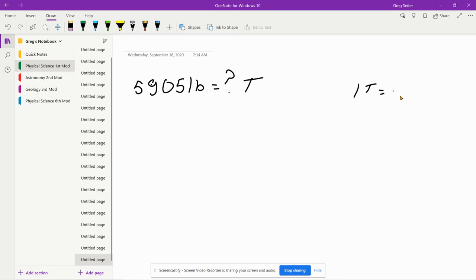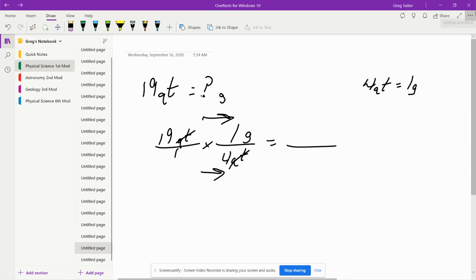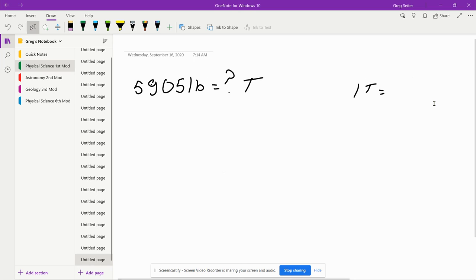I think I keep hitting the little switch on my pencil here, and when I hit that switch, it's turning it off.